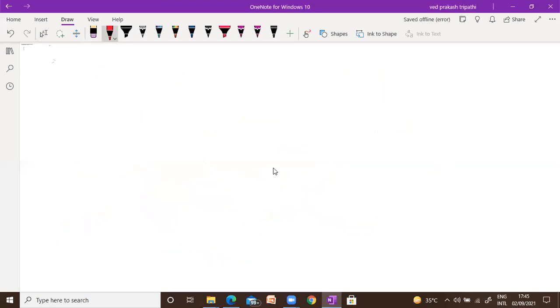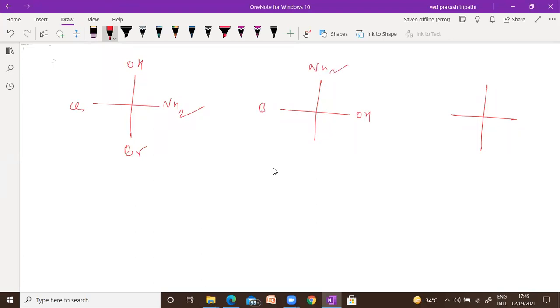So as you can see, wedge and dash, now we can solve Fischer projection as well. What is the relationship between first and second? Tell me.